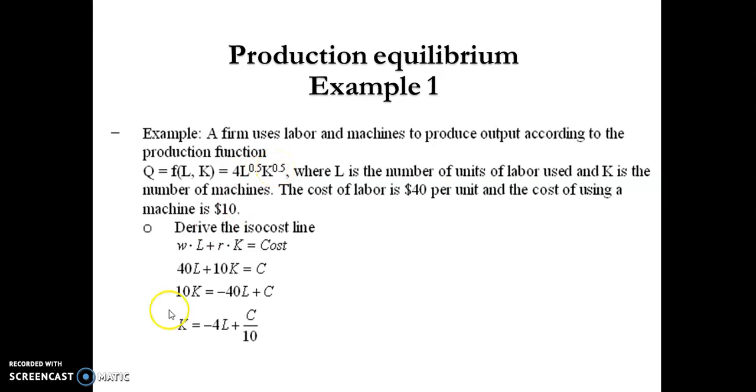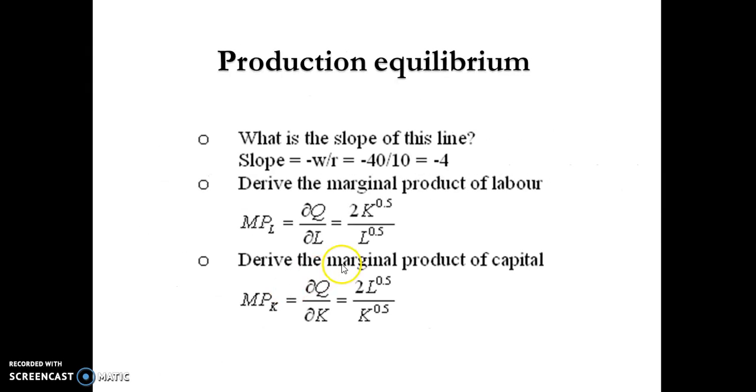If we quickly skip ahead, you end up getting 2K to the half. K was raised to the power of a half and it was positive, but L became 0.5 minus 1, therefore it was minus 0.5. So you can write that in the denominator from the rules of exponents.